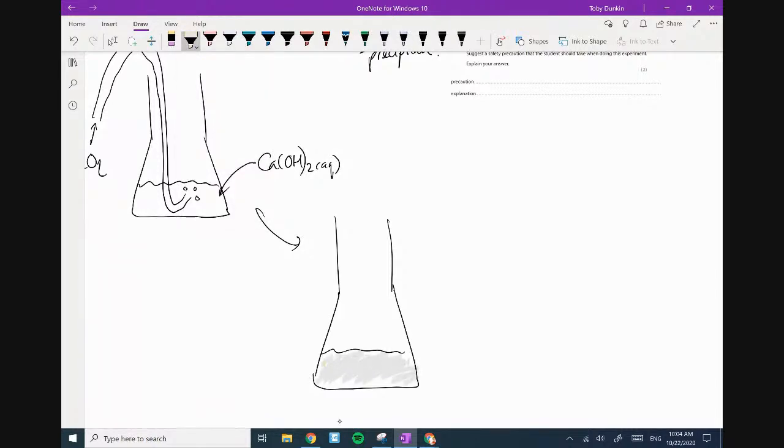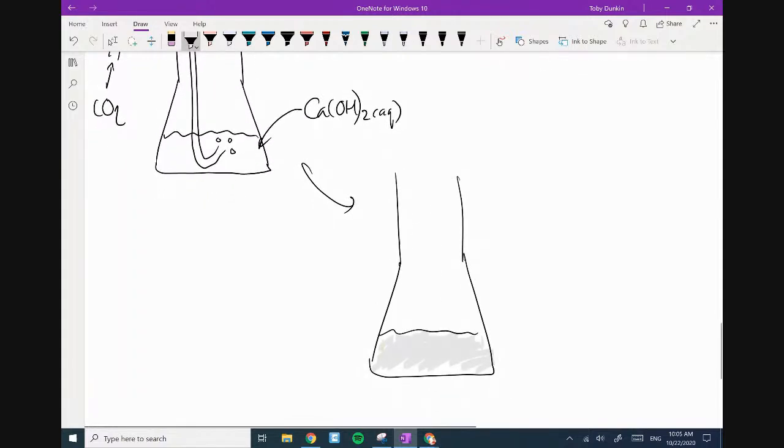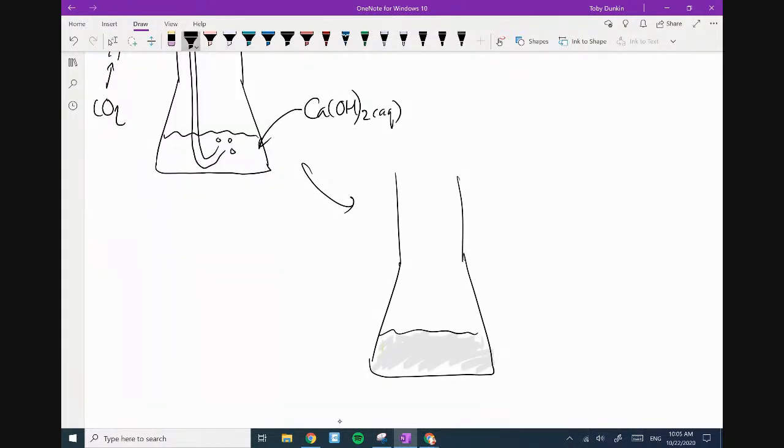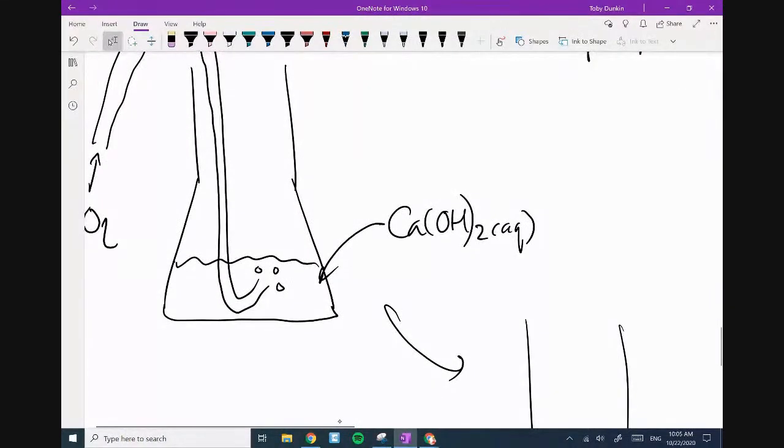Now, what you do in this scenario, if you're ever making a solid, is use what's called a cross method. Underneath the conical flask, I'm going to turn my conical flask into 3D, like this. And underneath the conical flask, I'm going to add a piece of paper.